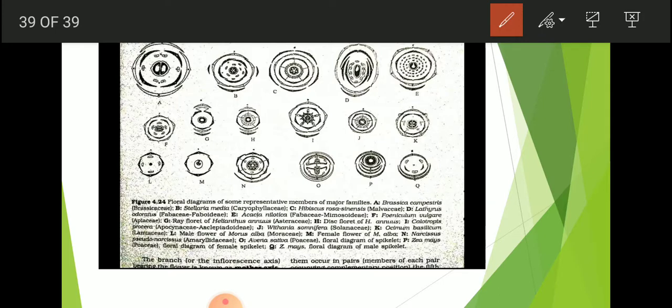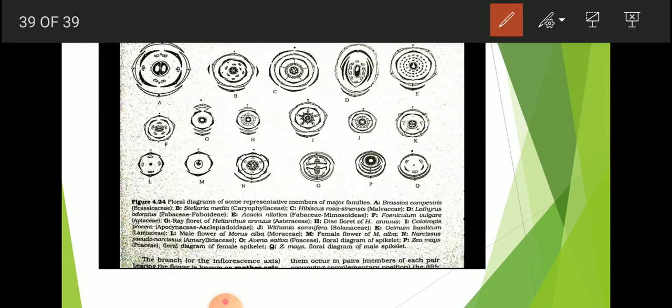The first diagram is Brassica campestris, which belongs to the family Brassicaceae, in which the outer whorl is the calyx, the inner is the corolla, and the innermost is the androecium, and there are two partitions, that is the gynoecium. With the floral diagram you can easily write the floral formula. These two are alternate. If you know the floral diagram, then you can write the floral formula.